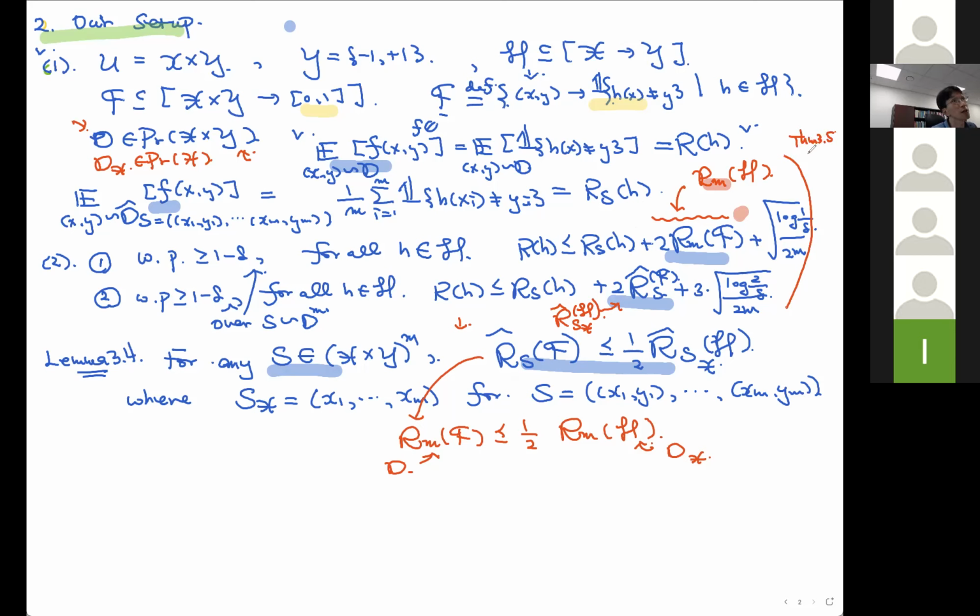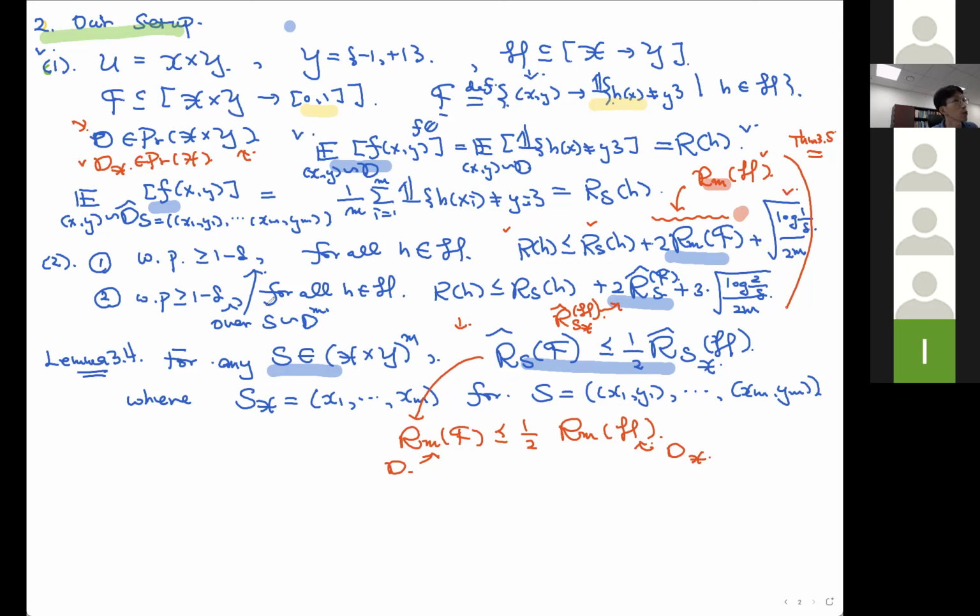So they say, with high probability, for all h, the risk is bounded by the empirical risk plus not 2 times, but just the Rademacher complexity of hypothesis set H. As I said here, we are using this distribution induced on X, plus this extra quantity.